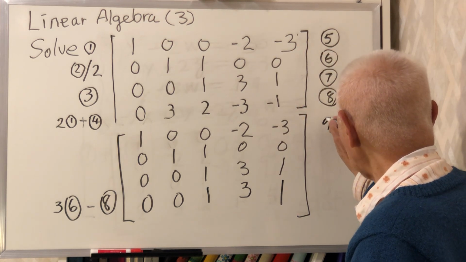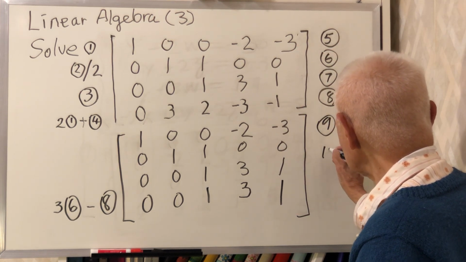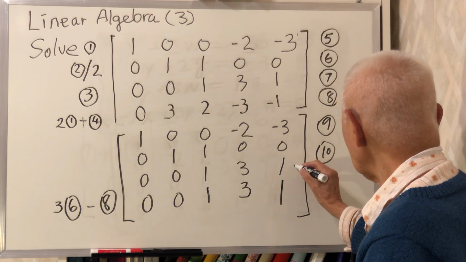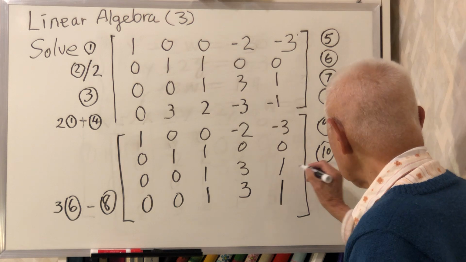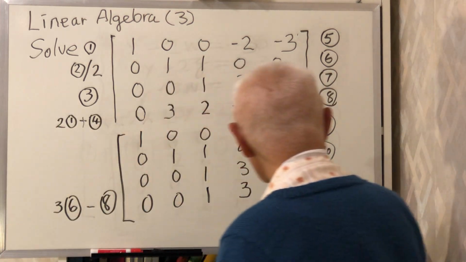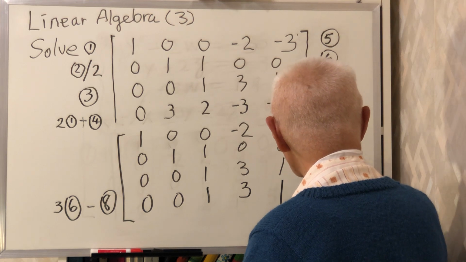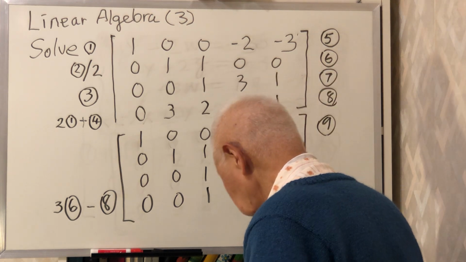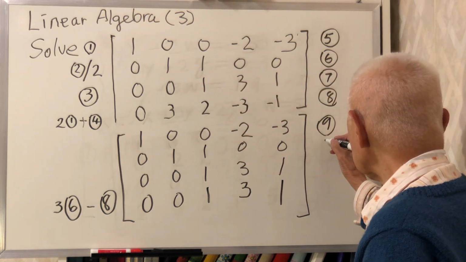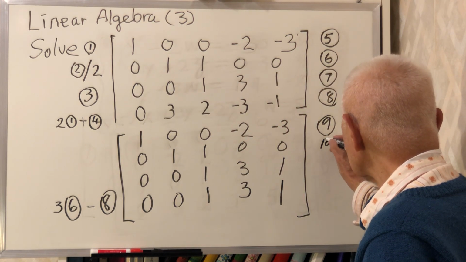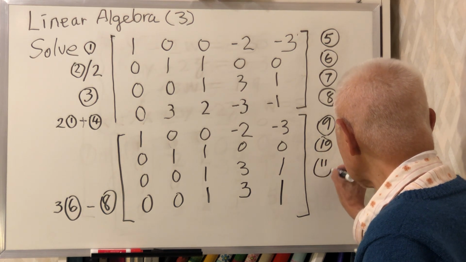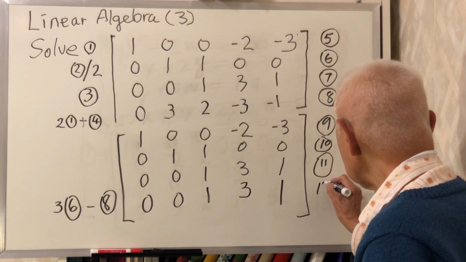Okay, row 9, 10, 11, sorry, this is 10, this is 11, and this is 12.